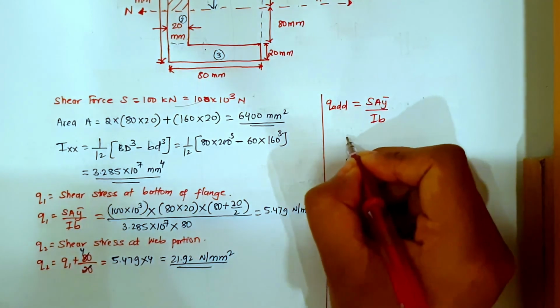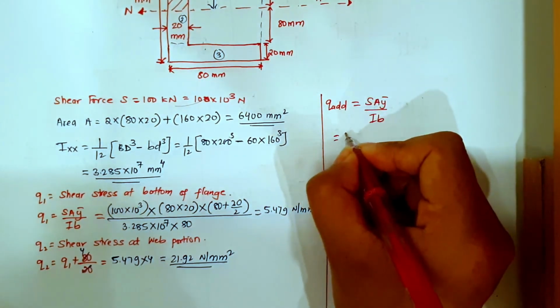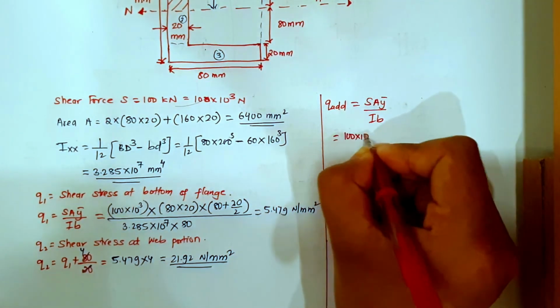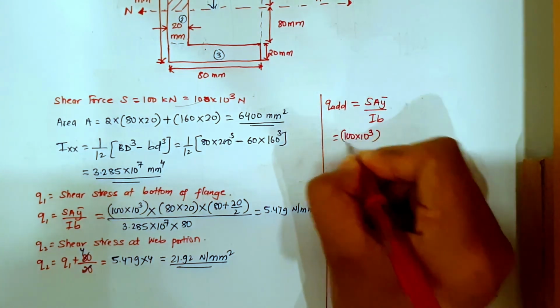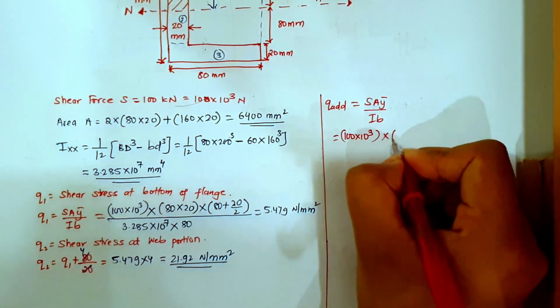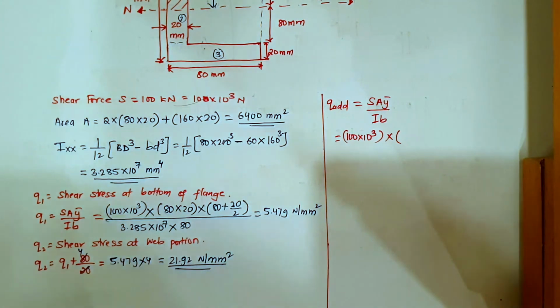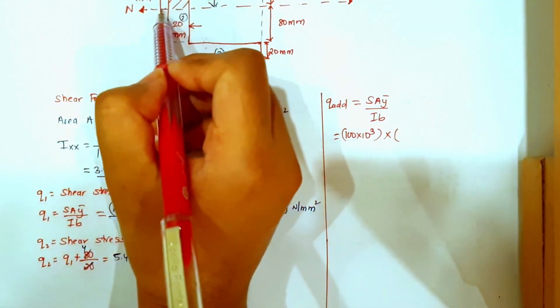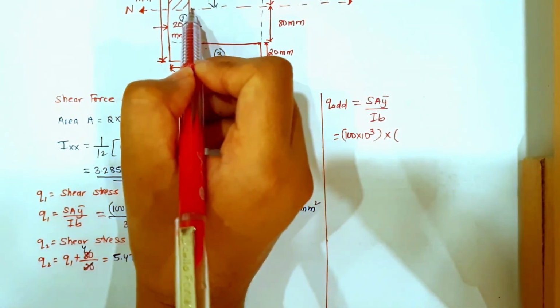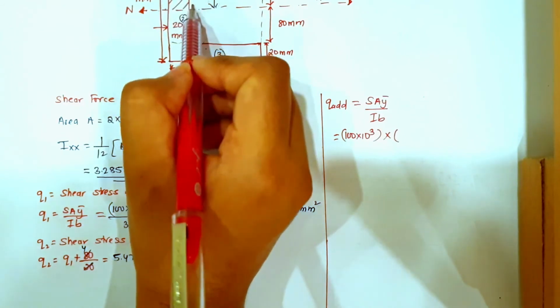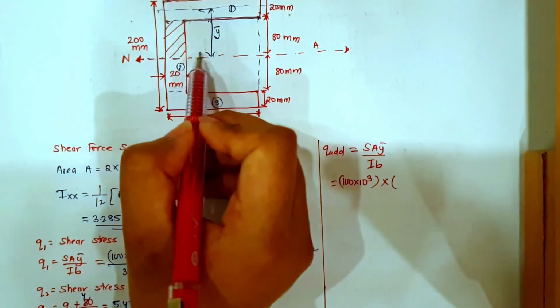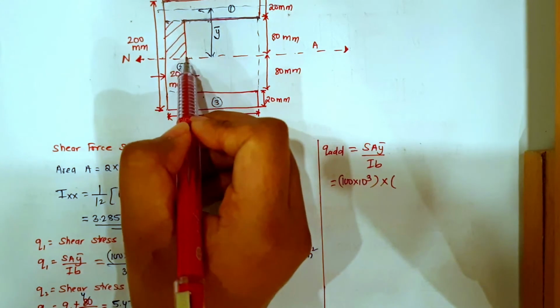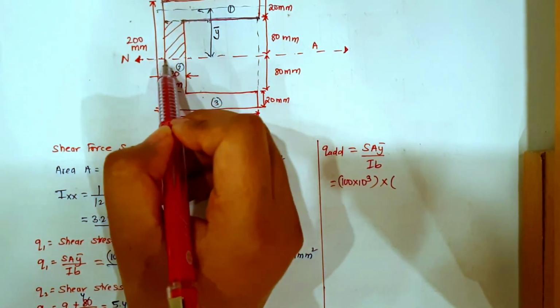और ये कितना होगा? आपका S कितना है? 100 into 10 raised to power 3 into area. अब एरिया कितना होगा? एरिया सिर्फ आपको ये न्यूट्रल एक्सिस के ऊपर का वेब का एरिया लेना पड़ेगा. सो फिर वेब यही आएंगे, ये पोर्शन. न्यूट्रल एक्सिस इज हेयर, न्यूट्रल एक्सिस के ऊपर के वेब पोर्शन का लेना पड़ेगा.